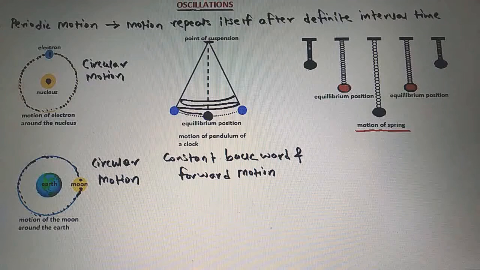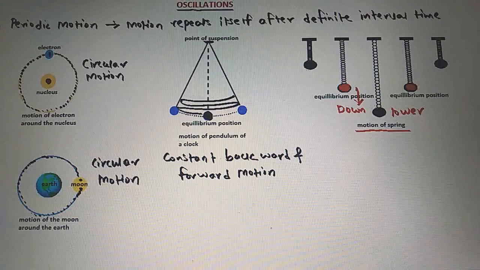Initially, the spring is at the equilibrium position, that means the mean position. Now the spring will move in a downward direction and come to the lowermost position. After that, the spring will move in an upward direction and come to its mean position.